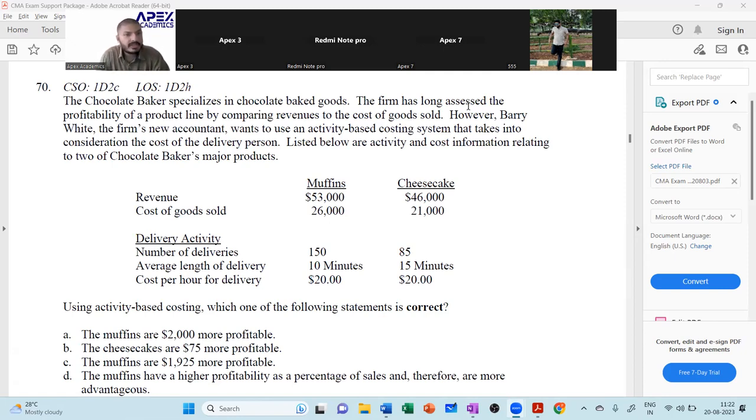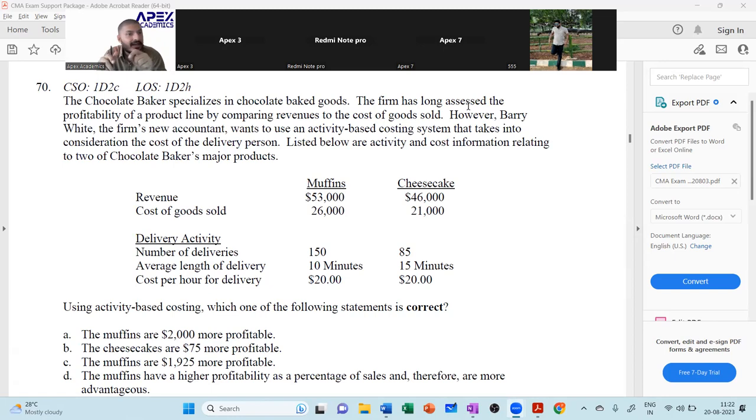The chocolate baker specializes in chocolate baked goods. The firm has long assessed the profitability of a product line by comparing revenues to cost of goods sold. How do you arrive at profitability? You take revenue and from that you subtract cost of goods sold.